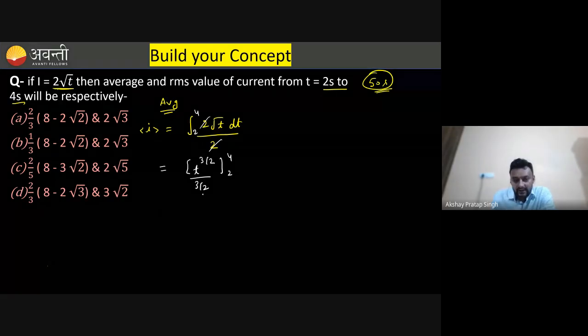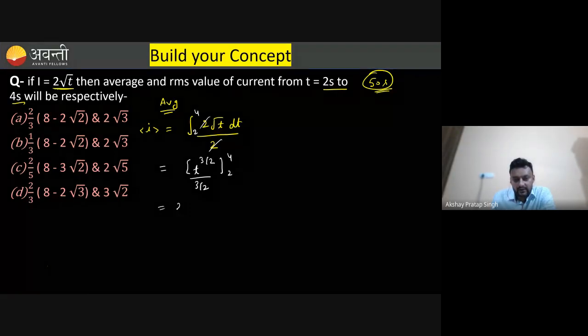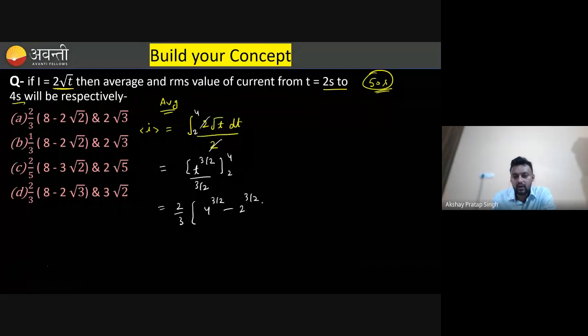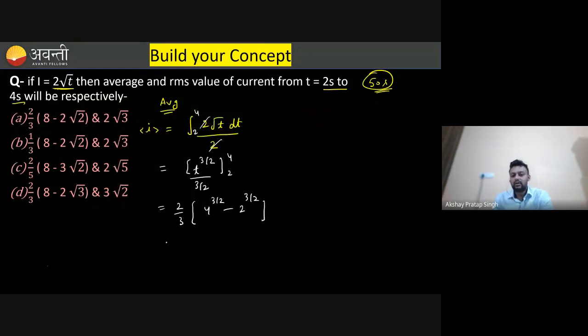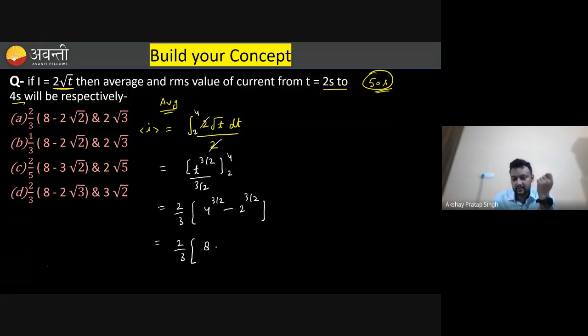And you can take this, it will become 2 by 3. Upper limit minus lower limit, that means 4 raised to the power 3 by 2 minus 2 raised to the power 3 by 2. I hope the calculation part is strong for each of you. So it will become 2 by 3. Can you see, 3 by 2 means root of 4 cubed? Root of 4 means 2, 2 raised to power 3 is 8, minus 2 cube is 8. Root of 8 is 2 root 2.